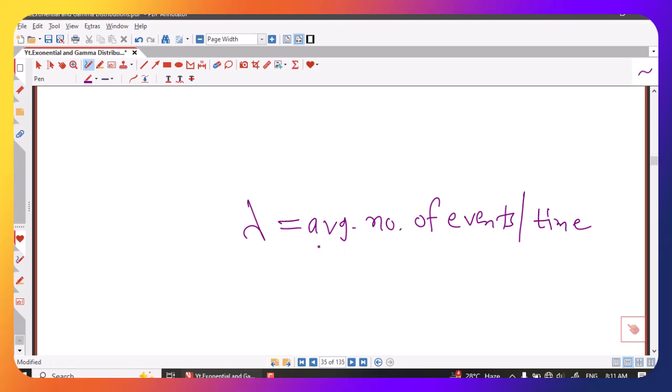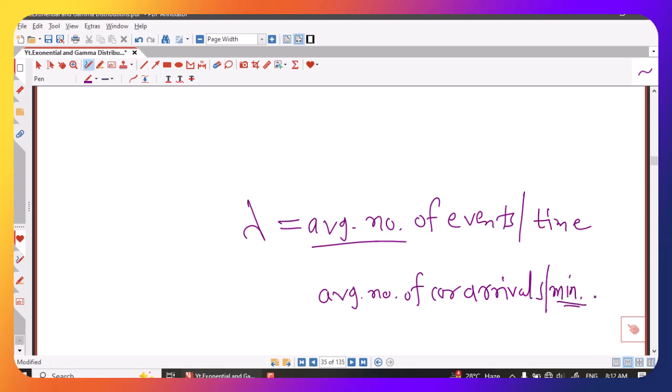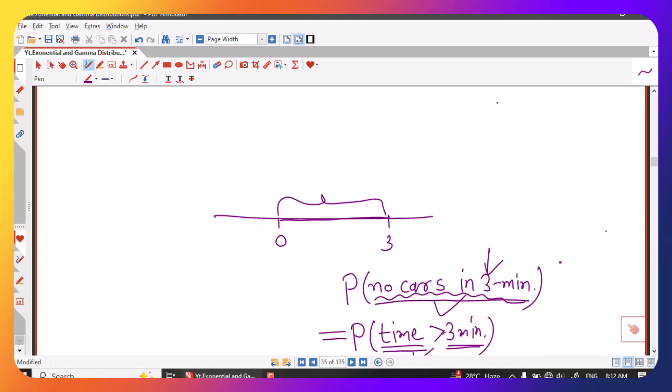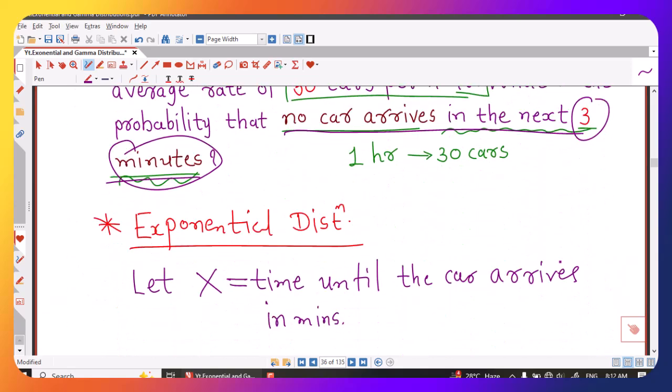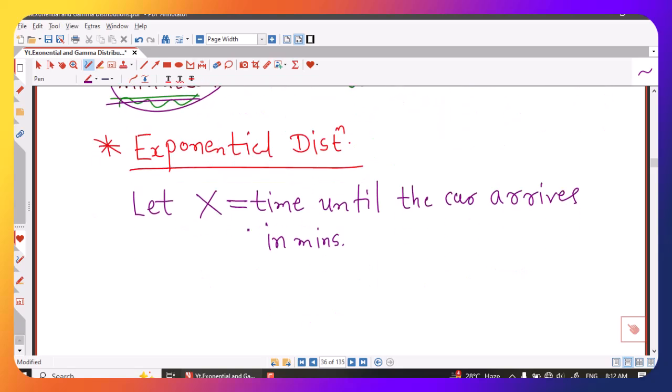Here we are talking about cars, so we are interested in the average number of car arrivals per minute, because our unit is minute. Here we have to calculate the probability that no car arrives in the next 3 minutes. Therefore we have taken capital X as time in minutes.